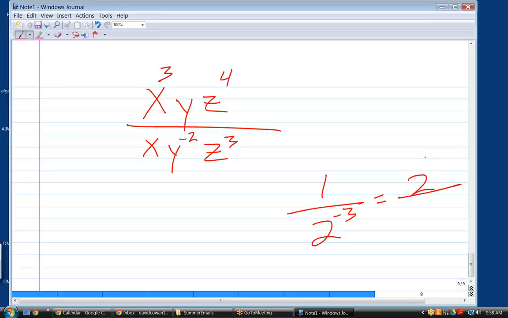In other words, that's equal to 2 to the positive 3 over 1, but we don't need the 1. So the secret to negative exponents is you just move them to the other side of the fraction bar and change their sign. In other words, this y to the minus 2 down here, I could put that in the numerator and make it y to the positive 2.